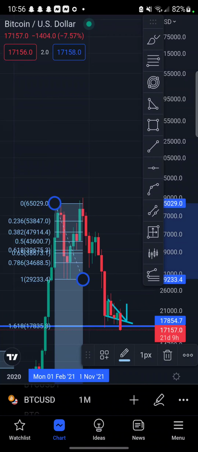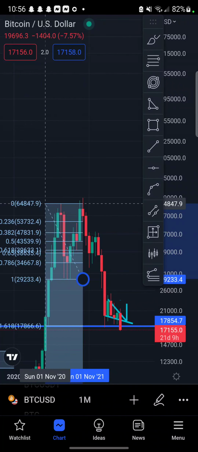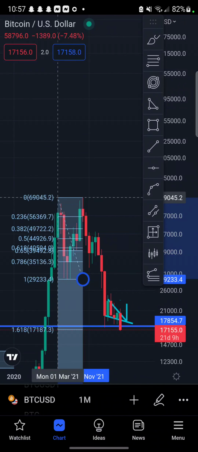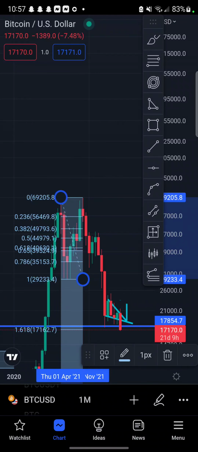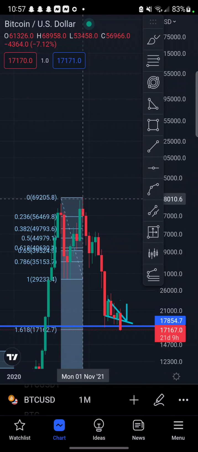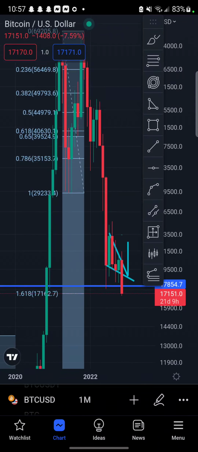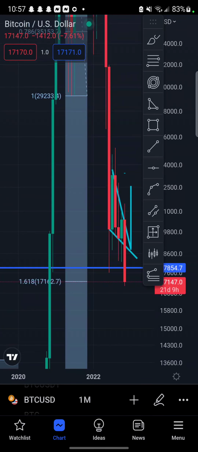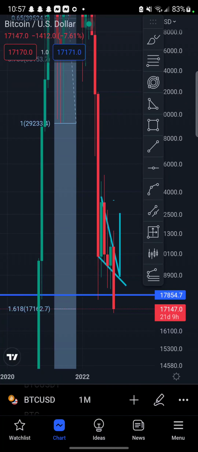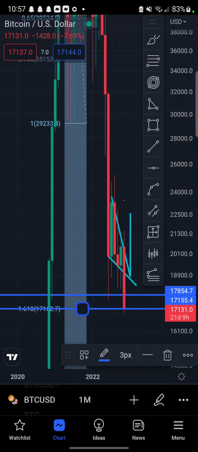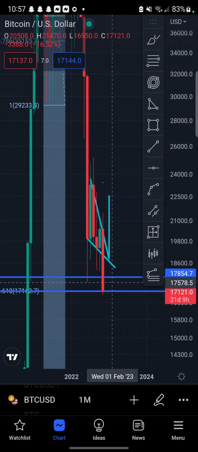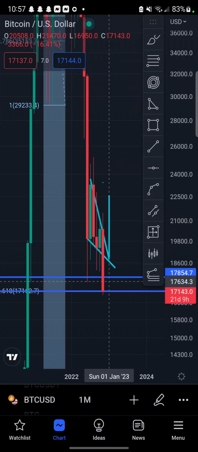And just say if this high isn't the actual high, just say if I need to bring it up to the high that it made at 69,000 back in November, then this brings the 1.618 down to $17,162, and currently we're at 17,147. We're pretty much right around that range. So I could actually mark this, and now we have two ranges in which Bitcoin needs to stay around before we see any more bullish action.